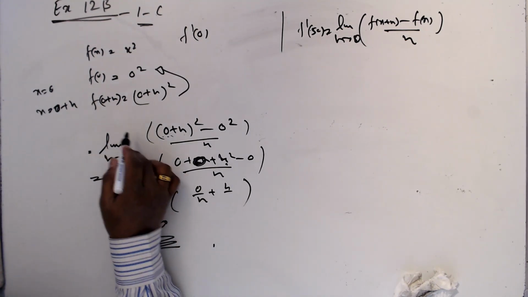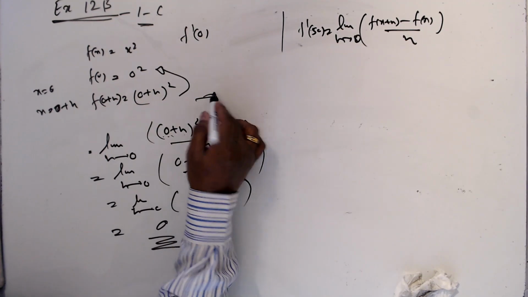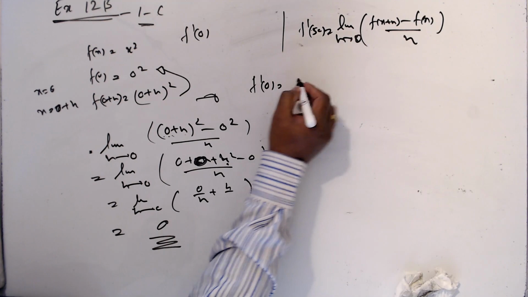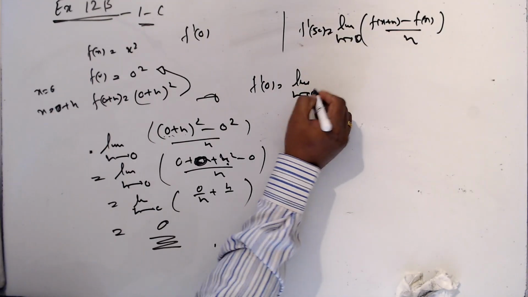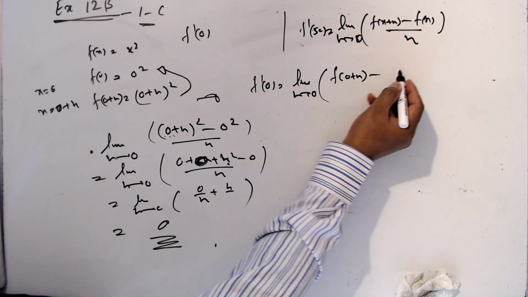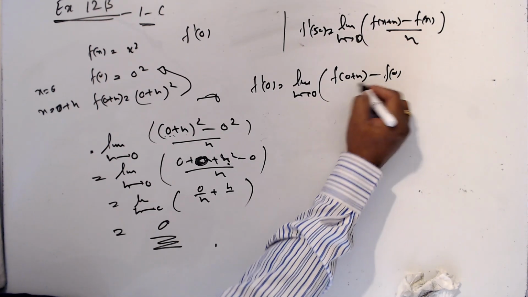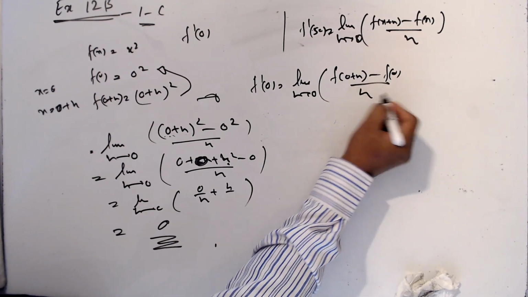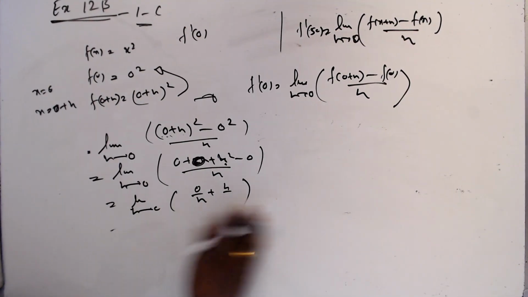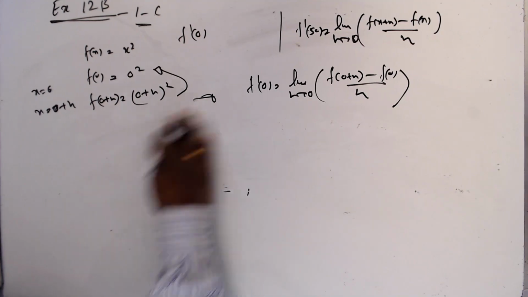Make sure that you write the theory: limit h goes to 0 of f(0 plus h) minus f(0) over h. You can see it from here as well.